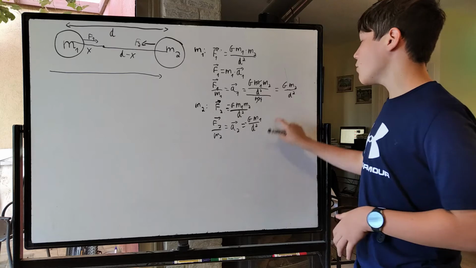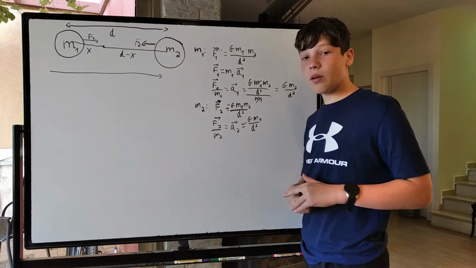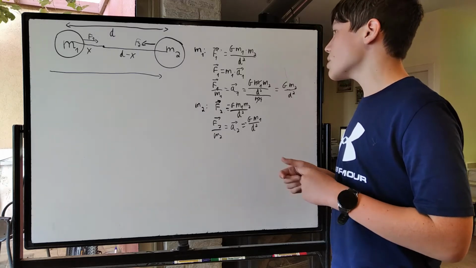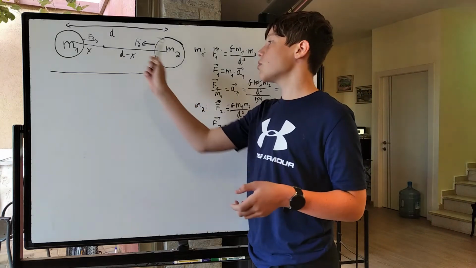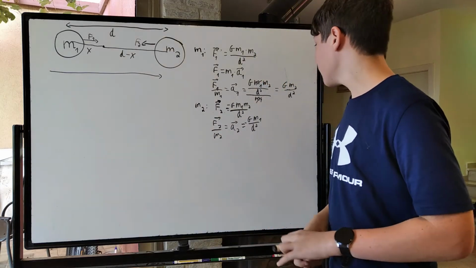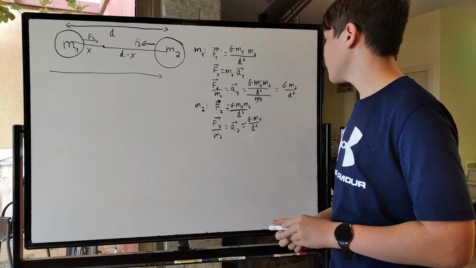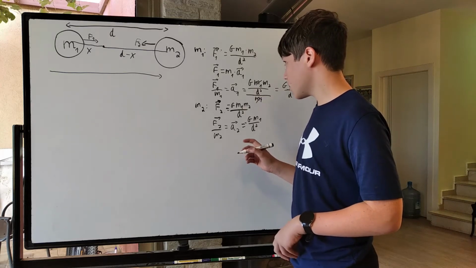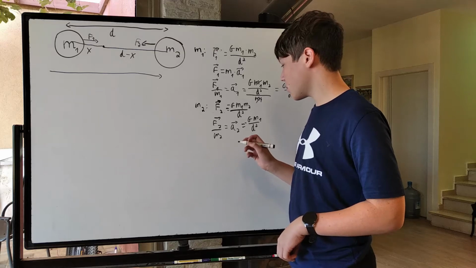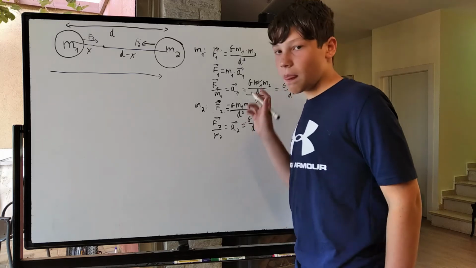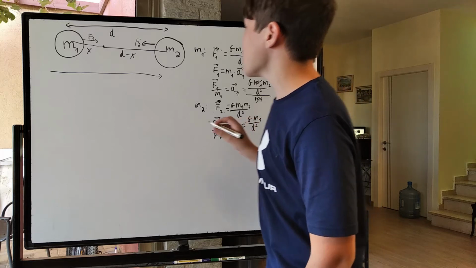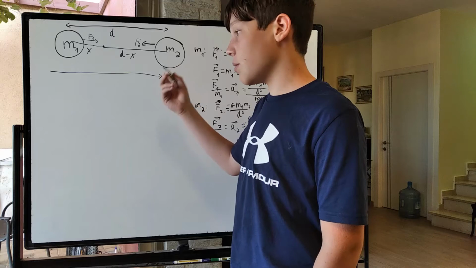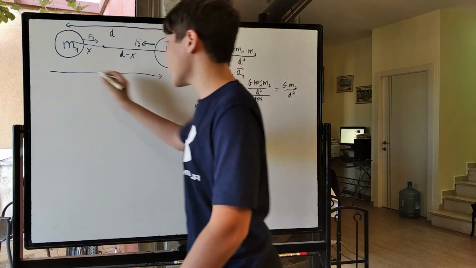So now that we have these two values, we can start to figure out how much time it will take for each one of those to pass this distance. We also need to define the point of 0 on this axis.